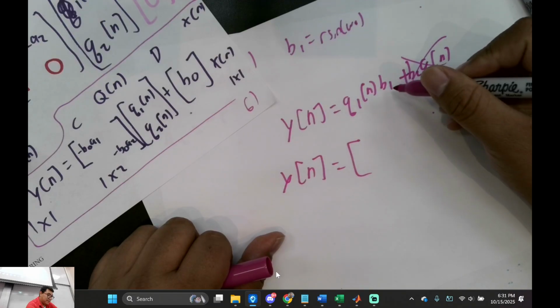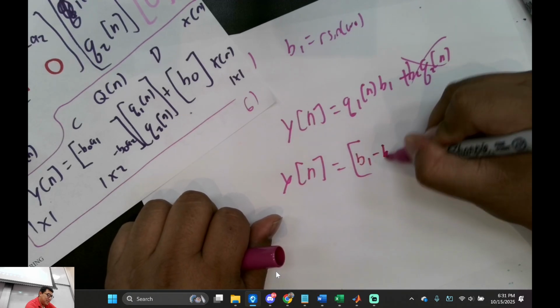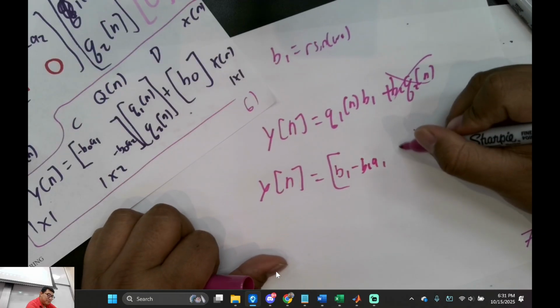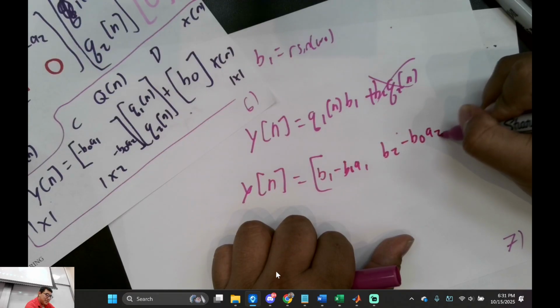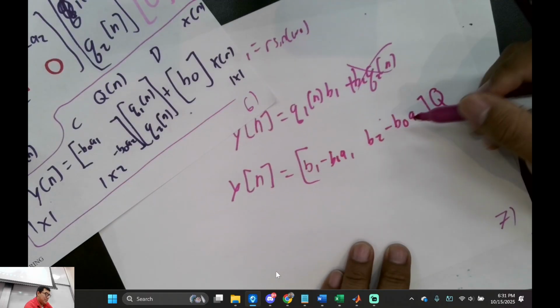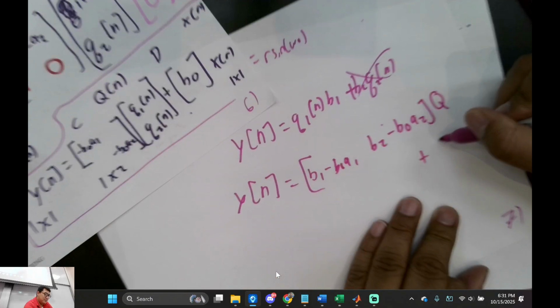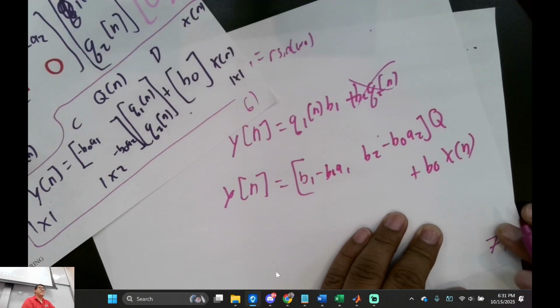Is anyone bothered if I do q1 b1 minus b0a1 and then b2 minus b0a2, and then this is my q, and then there is no input? Cool. Is anyone confused with how I did that?